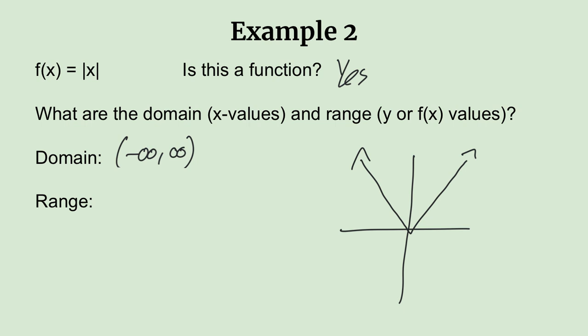The range, so that means we're looking at the y values from here to here. But we notice all of these y values down here are not included, right? So the smallest y value we have is 0, and you can plug 0 in, so it would be a bracket. And it increases all the way up to positive infinity.